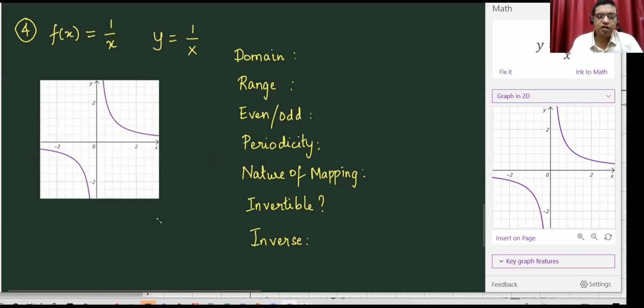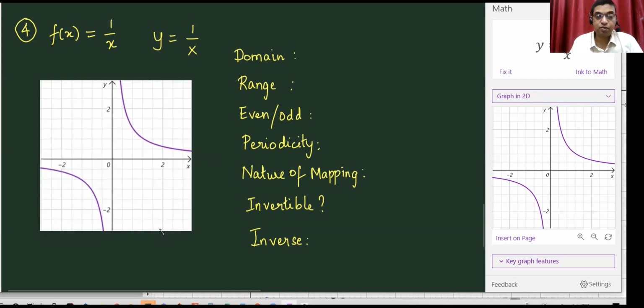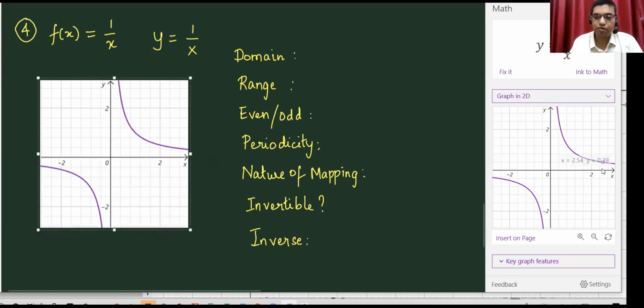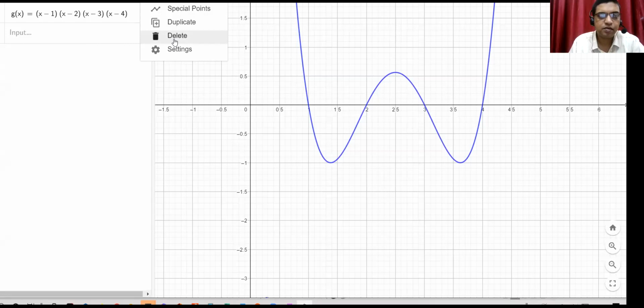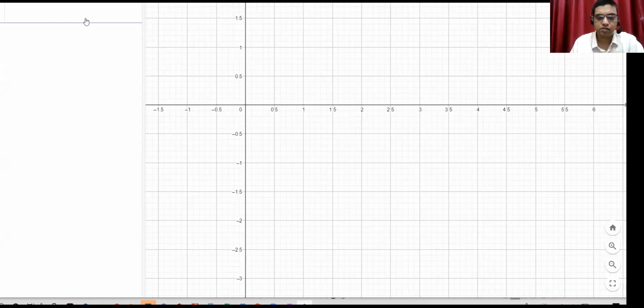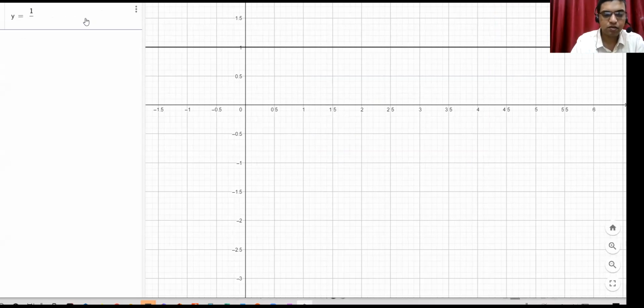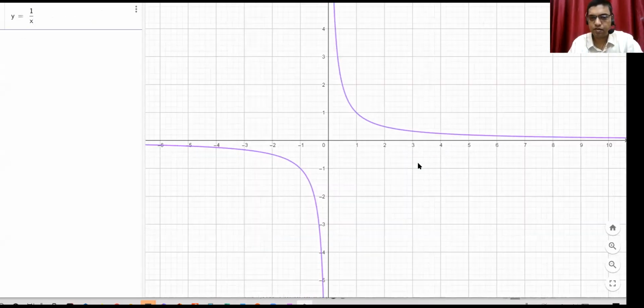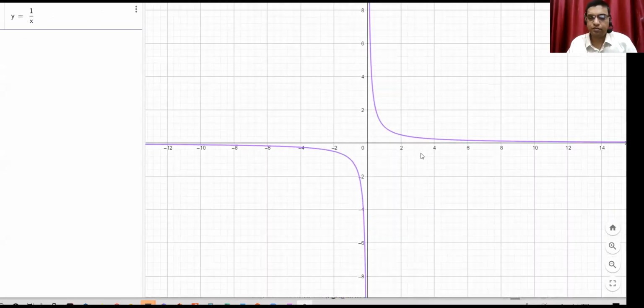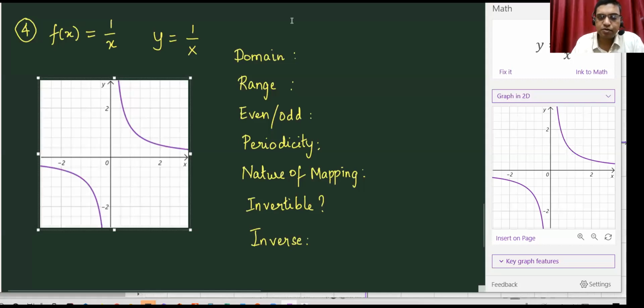This is a graph which is extremely important, very, very important. Both ways, in grapher and OneNote, I'm showing this.